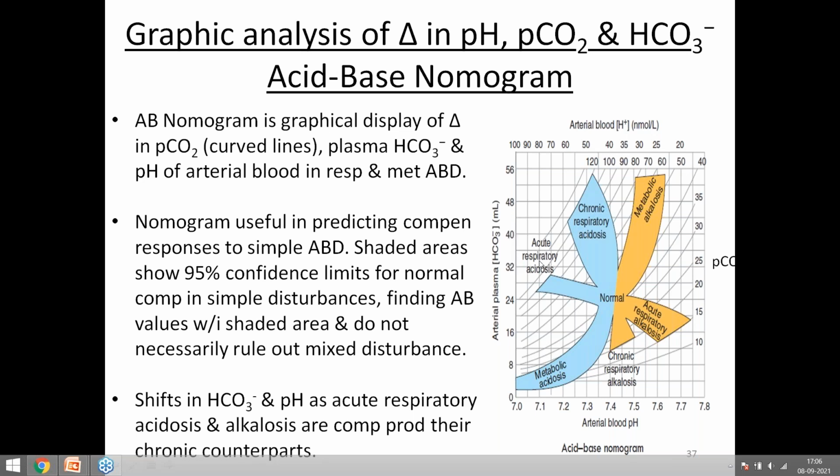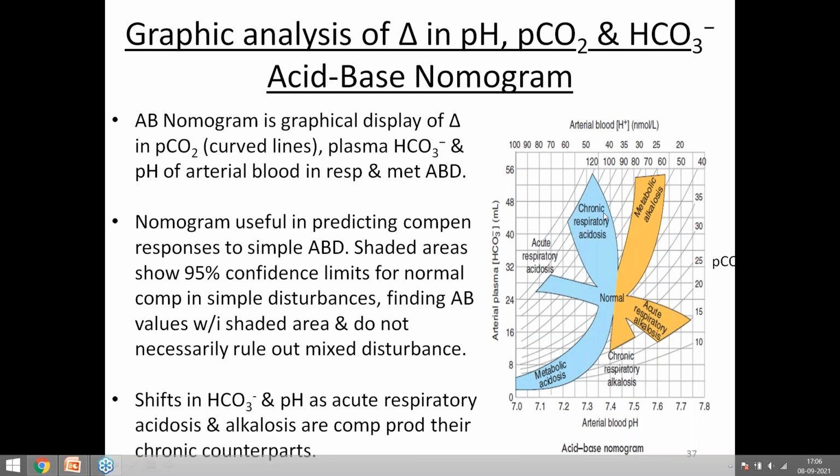Now, how to differentiate between acute and chronic acidosis? For acute acidosis, your PCO2 values are quite high because it's an acute situation, and let's say your bicarb is around 35, 36.